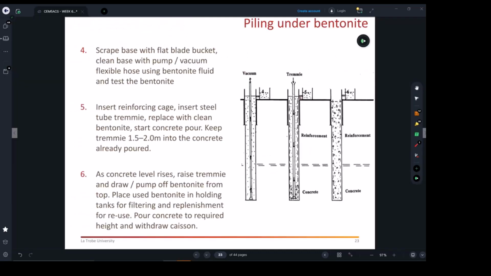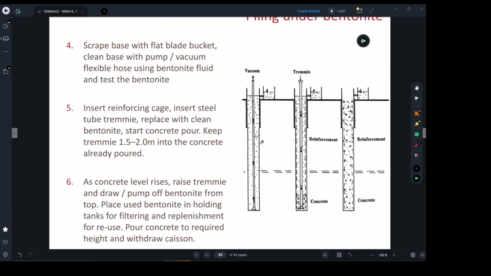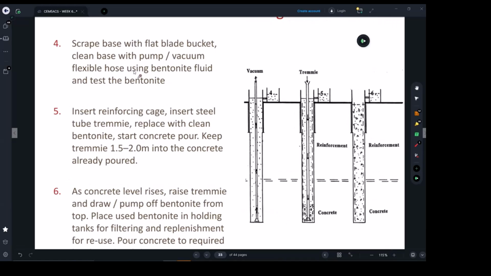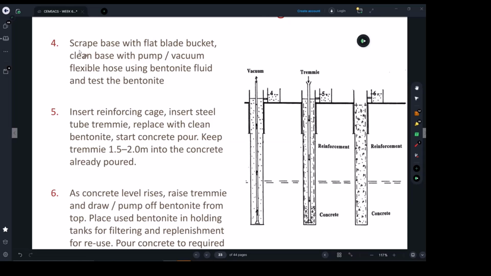Number 4, they will dig. Under the pressure of the bentonite, they can dig all the way to the design depth. Once it's reached, number 4 here talks about scrubbing the base with the flat blade bucket. It's a cleaning process, because usually the liquid itself will contain a lot of aggregates or deposits from the ground.